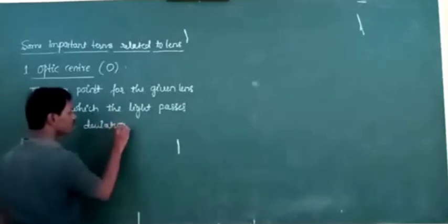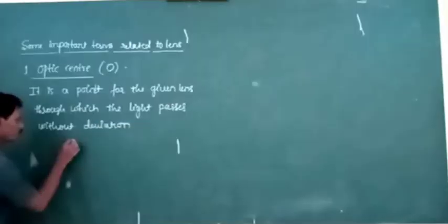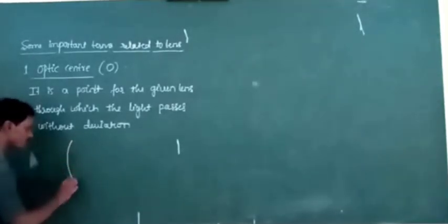Without deviation means without bending. It passes straight. See, for example, I will take convex lens. It is a convex lens.